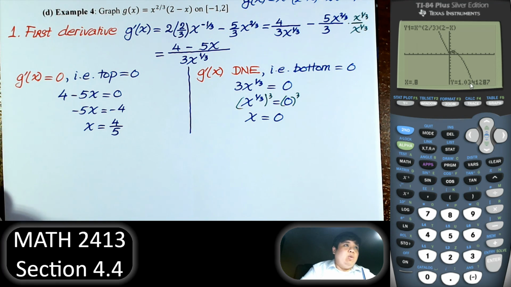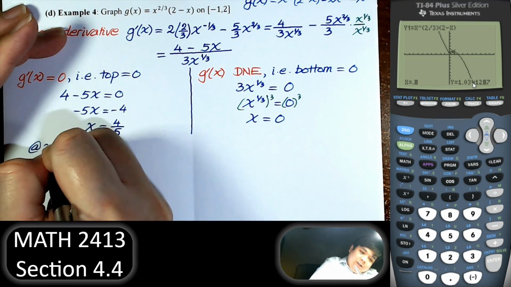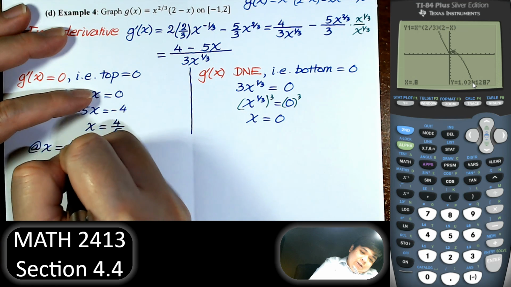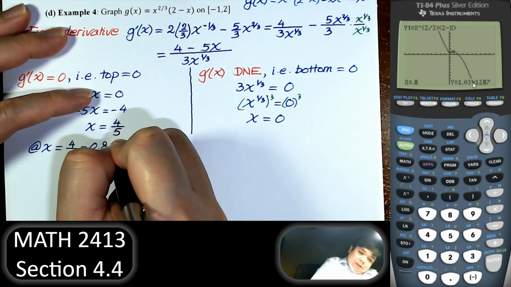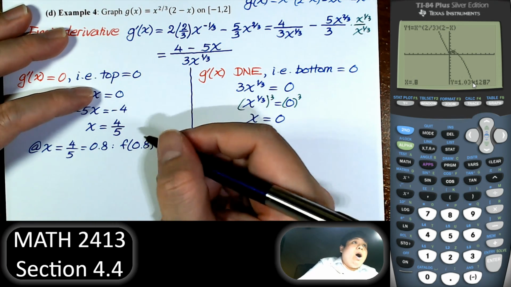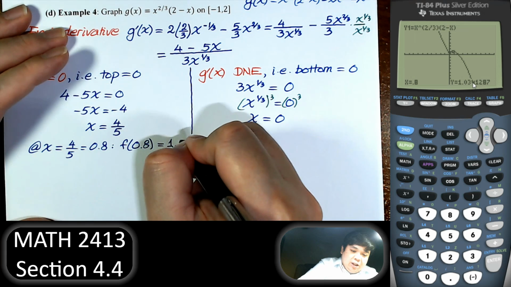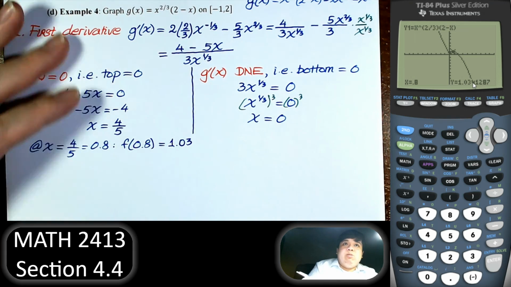So 0.8 and 1.03 something. When x equal to 0.8, y is about 1.03. Since we have the graph, we can just get some decimal number.